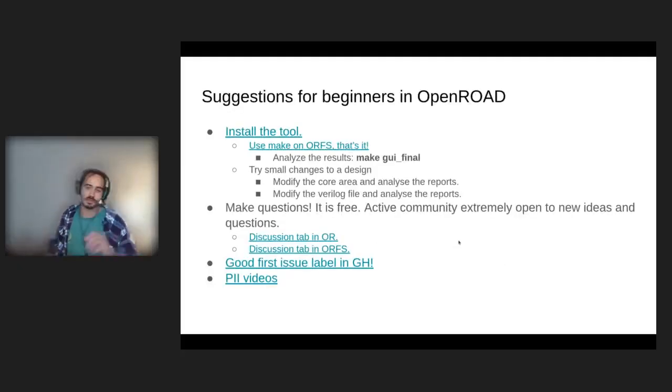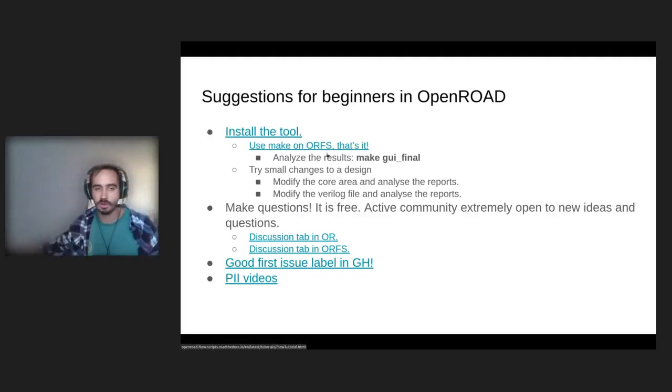This slide here, I did thinking of you guys, the listeners in the class. Some suggestions and links for people if they want to get started with OpenROAD. You see the documentation online. There's documentation for installing the tool.